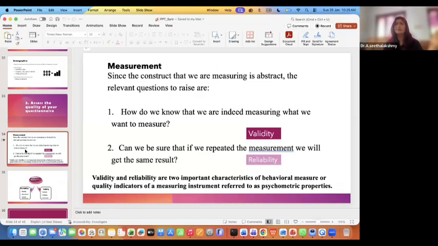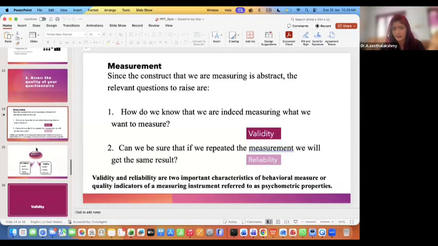If you analyze my personality today as X and tomorrow it is X point something, definitely there is something wrong with your questionnaire. It should be reliable. So the quality indicators of any psychometric questionnaire are validity and reliability.